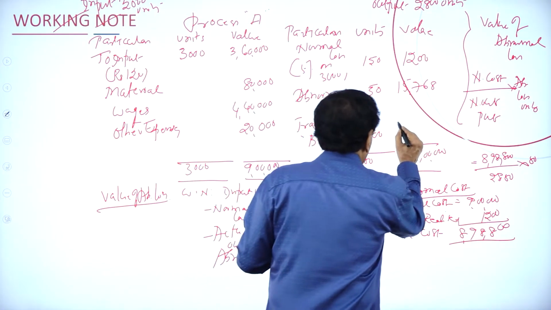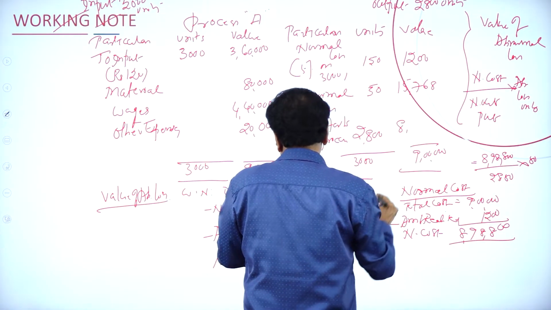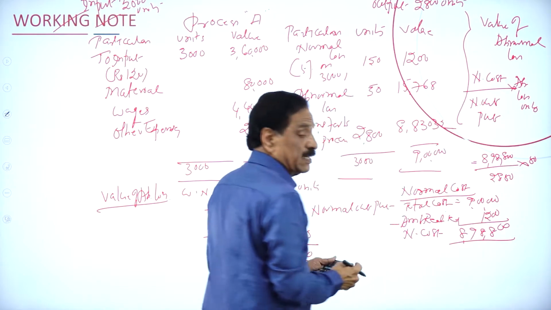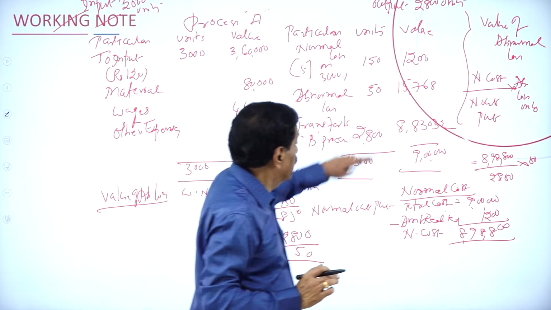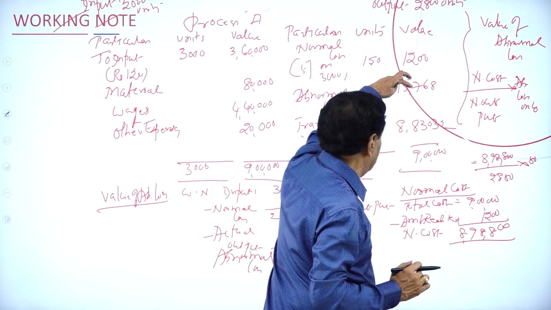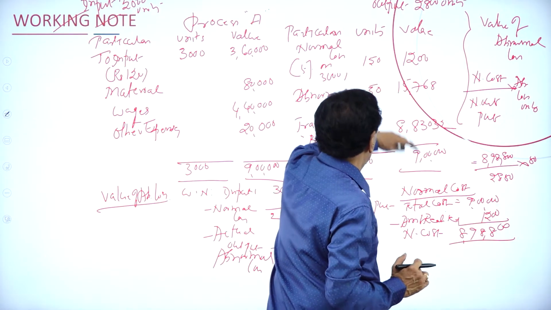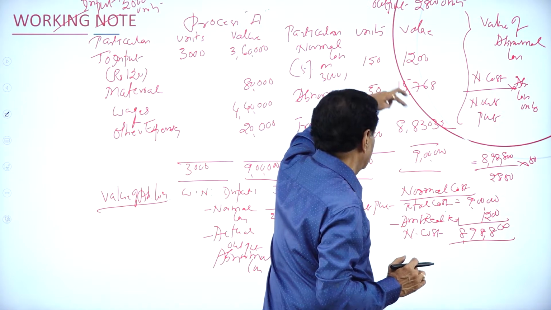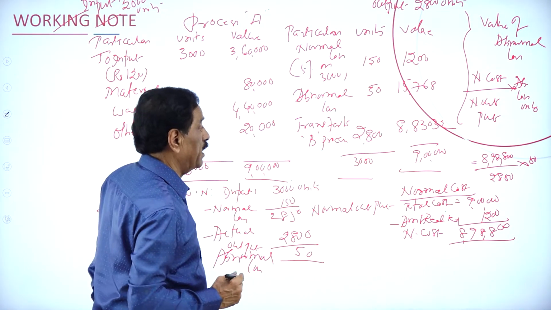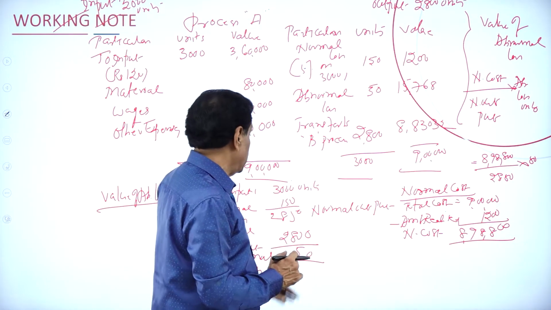So 8,83,032. This is the output of the first process. So you understand, no?